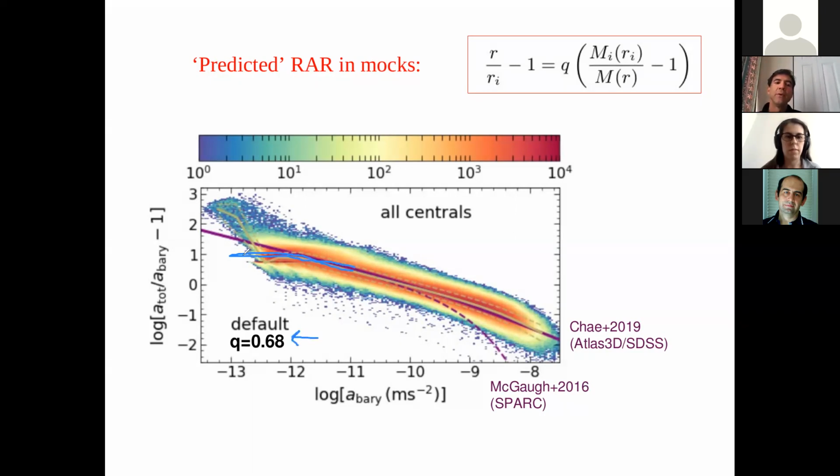The way the external field effect is motivated is to say, let's take this suppression and correlate it with the large scale environment.